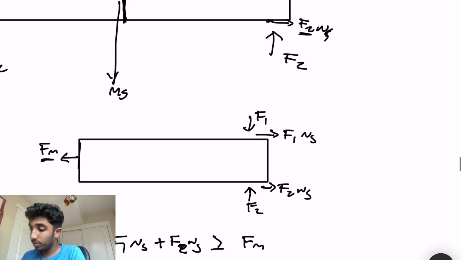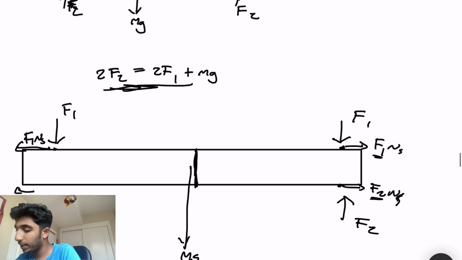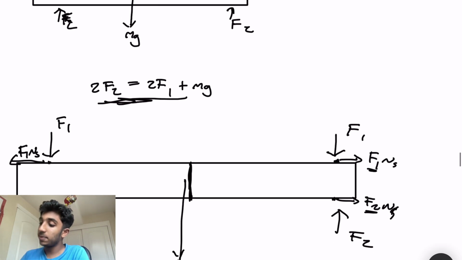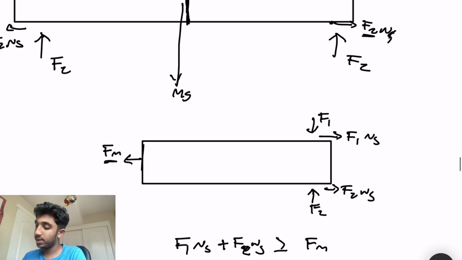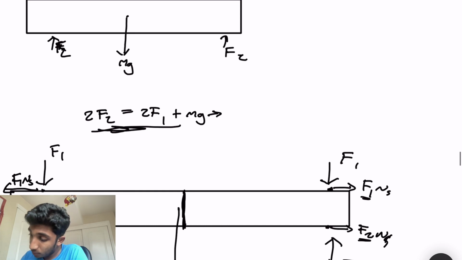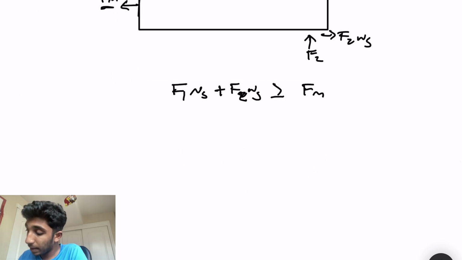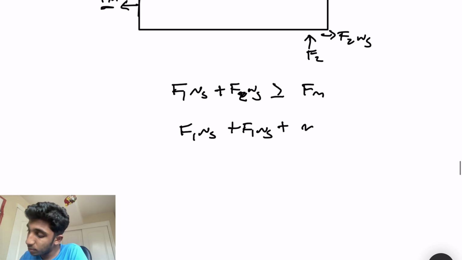Okay, so now remember how we had this up top? I'm sorry, this should be F1. I don't know what I was writing. So now we can use this to substitute F2 into here, so we only have one unknown variable. Solving for F2, we find that F2 is equal to F1 plus mg over 2. And if you plug that back into here, we see that F1 mu s plus F1 mu s plus mg mu s over 2 must be greater than or equal to Fm.